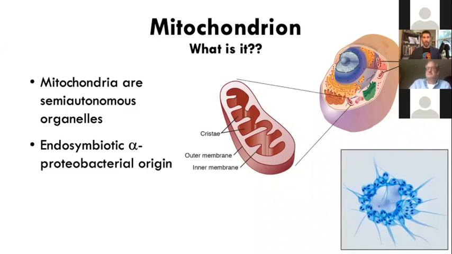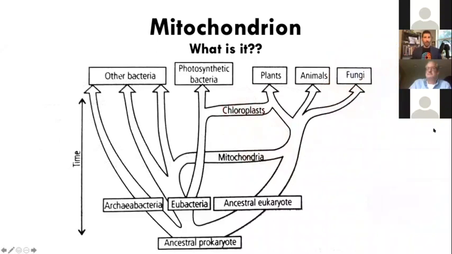The other really strange thing about it is that it has a non-animal origin. It's really just a proteobacterium that was engulfed a long time ago. In the tree of life, there are several branches at the root. Miguel showed nicely how trees are structured and the roots of trees. At the root, we have different groups of bacteria, and you can see that over time, mitochondria moved into the ancestor of plants, animals, and fungi.